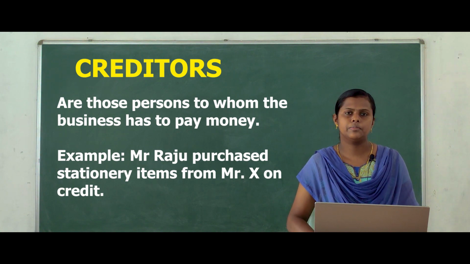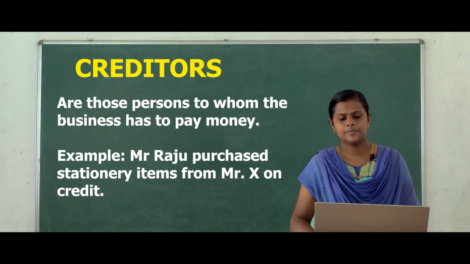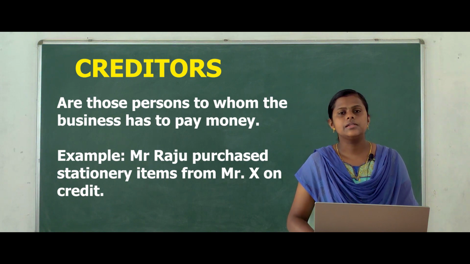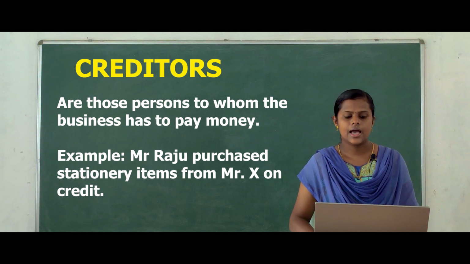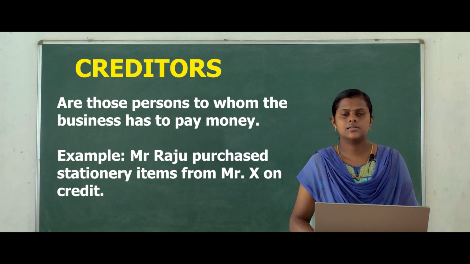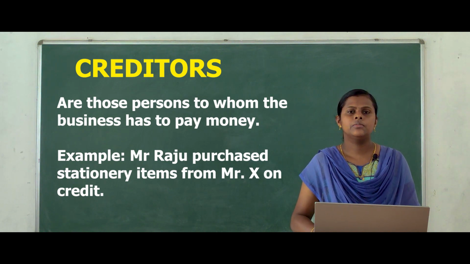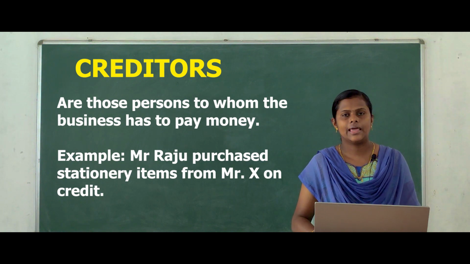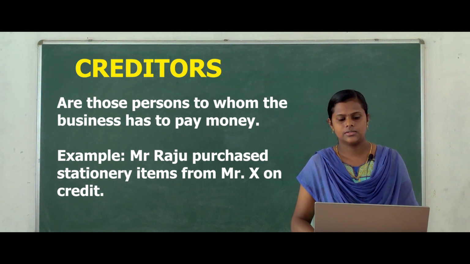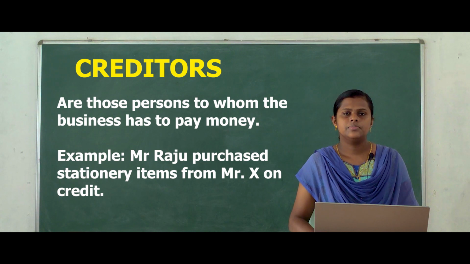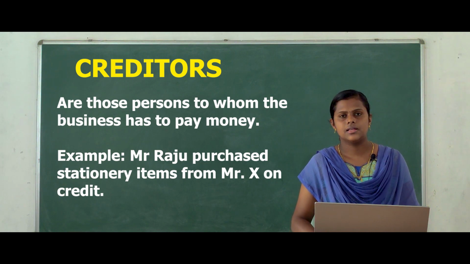The settlement will be made on a future date. For example, Mr. Raju purchased stationery items from Mr. X on credit. It is credit purchase, which means the amount will be paid to Mr. X on a future date. So, in this example, Mr. X is called as the creditor of the business.